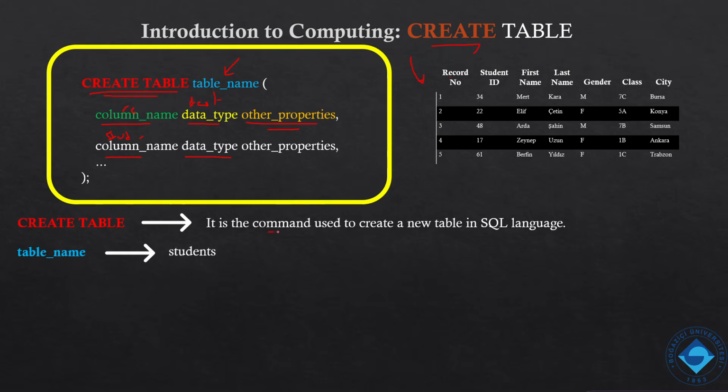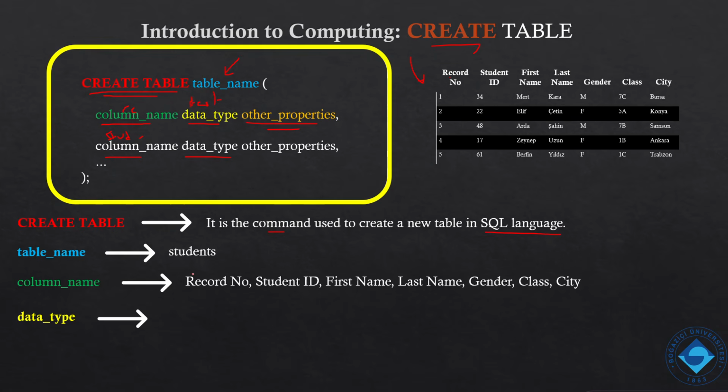Create table is the command used to create a new table in SQL language. Table name is your table name, I give students here as an example. Column names, like in this table: record number, student ID, first name, last name, gender, class and city.